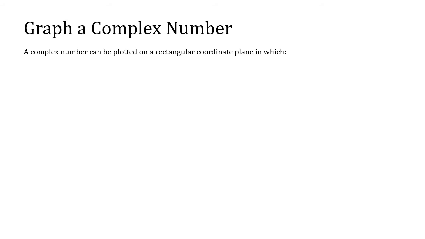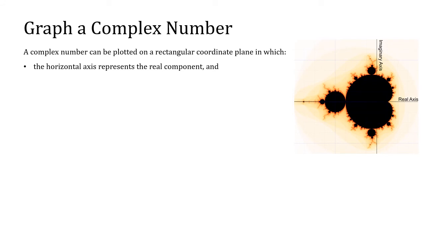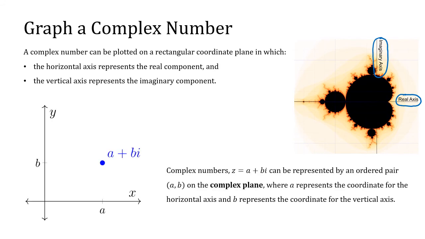And because we have the two parts, we can actually use the rectangular axes that we're used to, where the horizontal axis represents the real component, and we can see that in this fractal image, that horizontal axis represents the real axis or the real part of the complex number, and the vertical represents the imaginary part or the imaginary axis. Complex numbers in the form of z equals a plus bi then can be represented by the ordered pair a comma b on the complex plane.